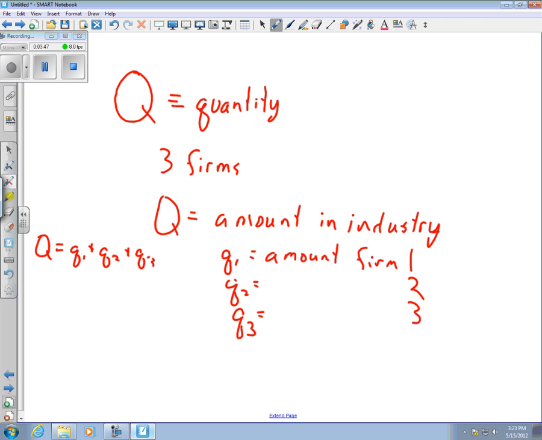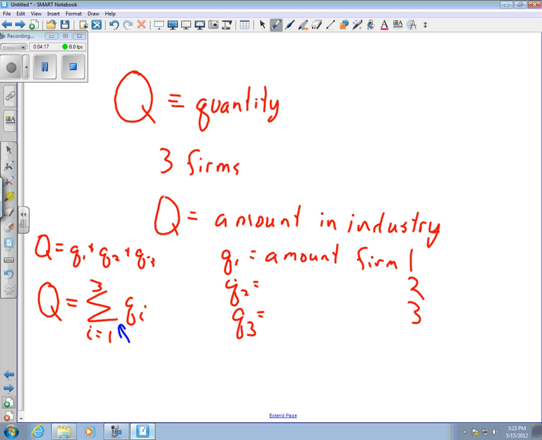So we're adding them up, and that's a fair number of strokes. So what we do is we would write this as Q equals the sum as i equals 1 to 3 of Q subscript i. What are the pieces of this? Well, let's see. The capital sigma right there tells you that you're going to sum some things.